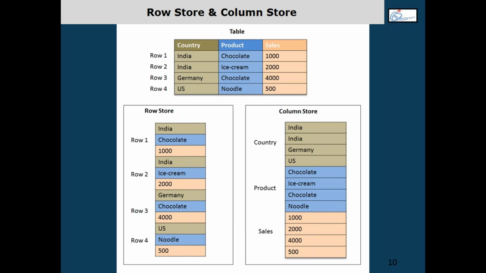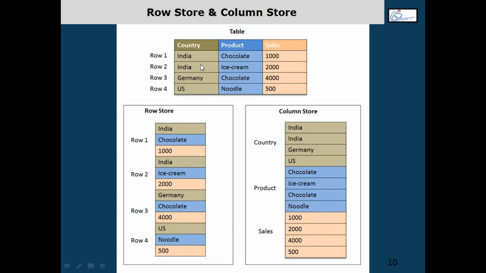It takes row 1, finds a memory location which is free, inserts it there, and then takes row 2, finds the next free memory location, inserts row 2, and the same way row 3, row 4. The data of each row, each record, is clubbed together and stored as one data set at one memory location. If I go to every memory location, I find the complete record. That is row store. Okay, boss?